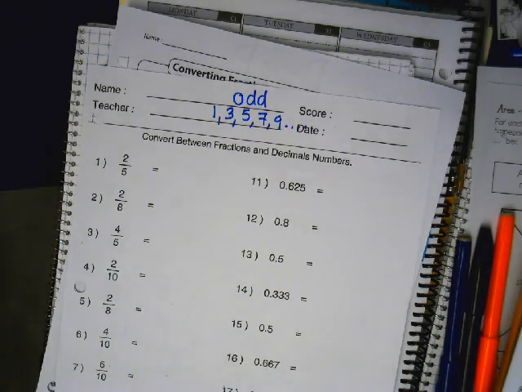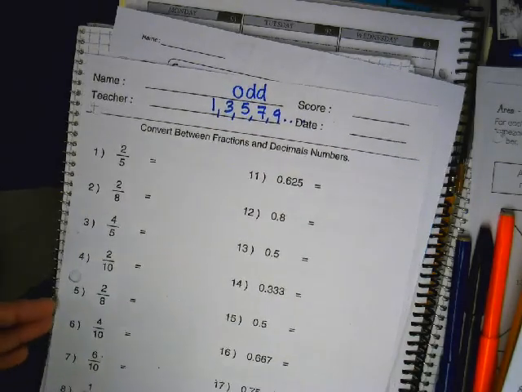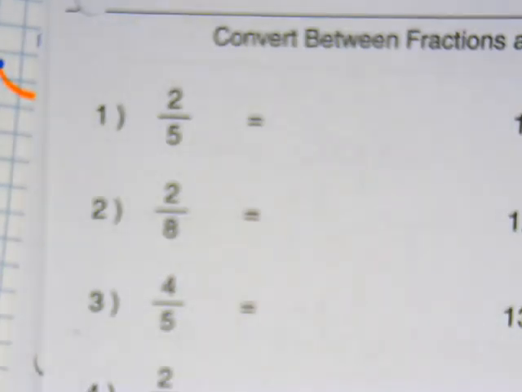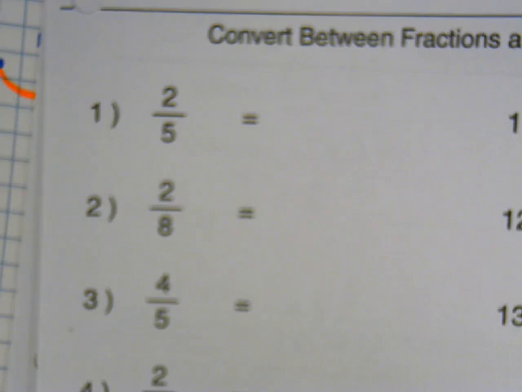Okay? So let's look at number 1, because we're going to do the odds. Los impar. Okay, number 1. I have a fraction. How do I change a fraction to a decimal? I divide. If you need your multiplication table to help you divide, please have it out.